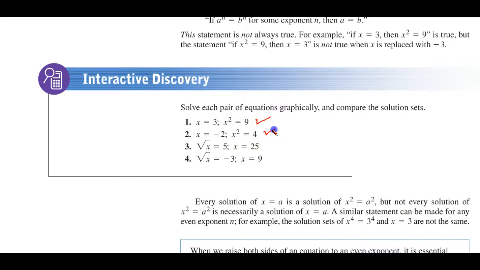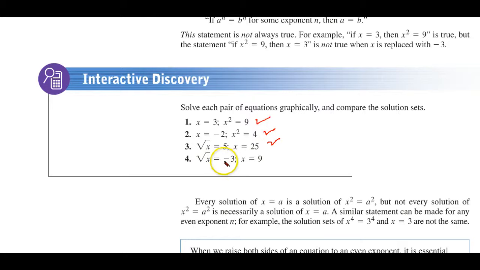Yeah, that's true too. If the square root of x is 5, does x equal 25? That is, if you square that, that is true.